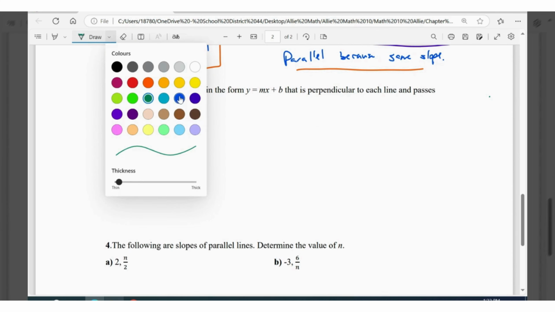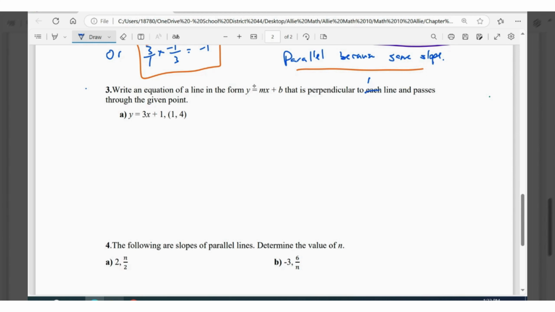So write an equation of the line in the form y equals mx plus b that is perpendicular to this line and passes through the given point (1, 4). Okay, so we want it to be perpendicular. So we're looking for y equals, we want the opposite.